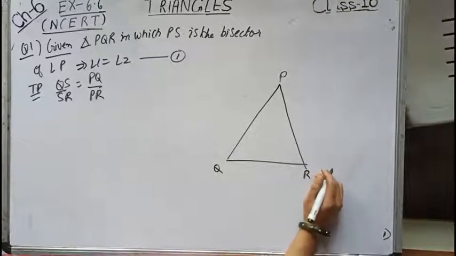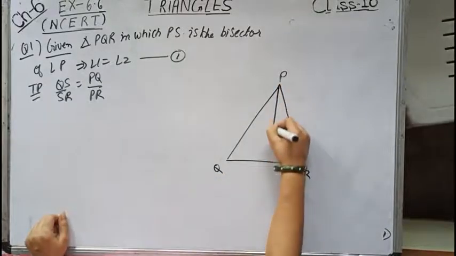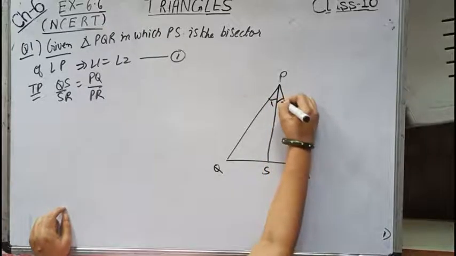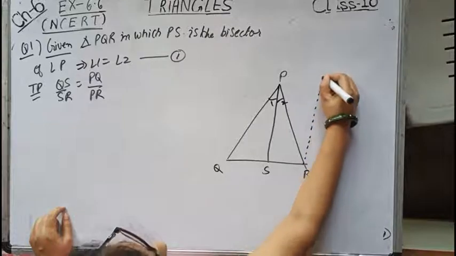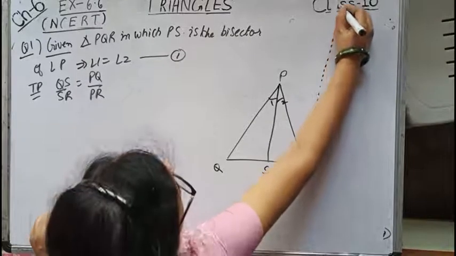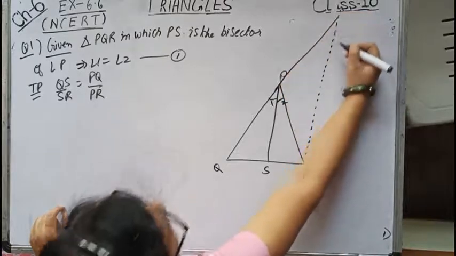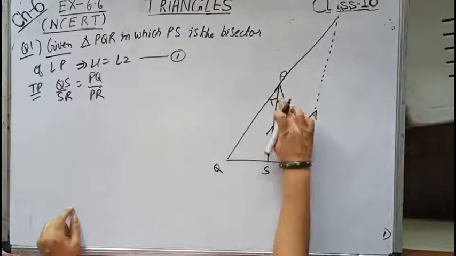P, Q, R. Yes. And this one is the bisector, and the bisector's name is PS. Angle 1, angle 2. Now we are drawing a line parallel in such a way that when extended, this will meet. This line is parallel to this line.